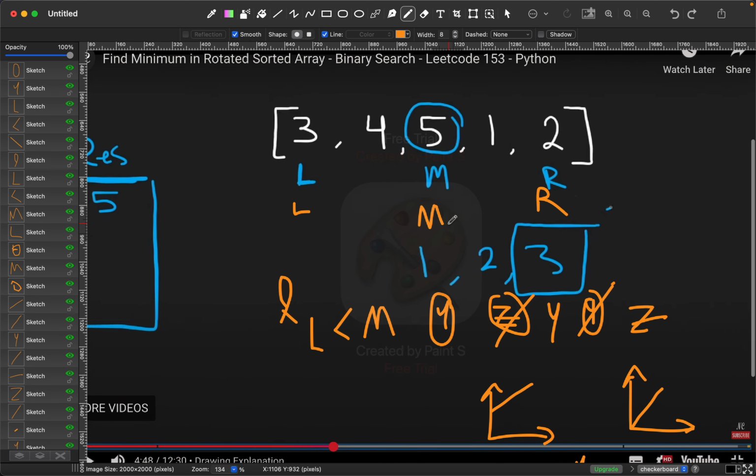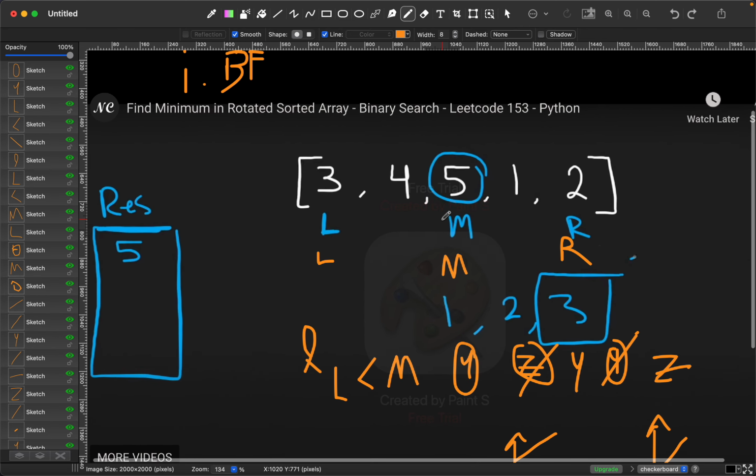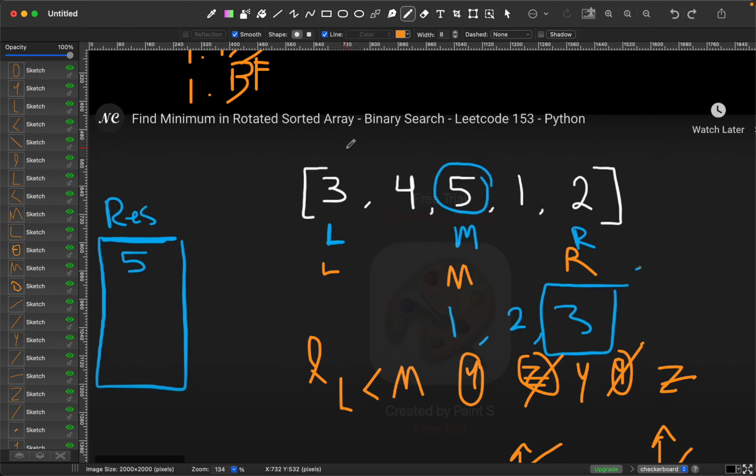So good. So now I check both my L, okay, let me think.